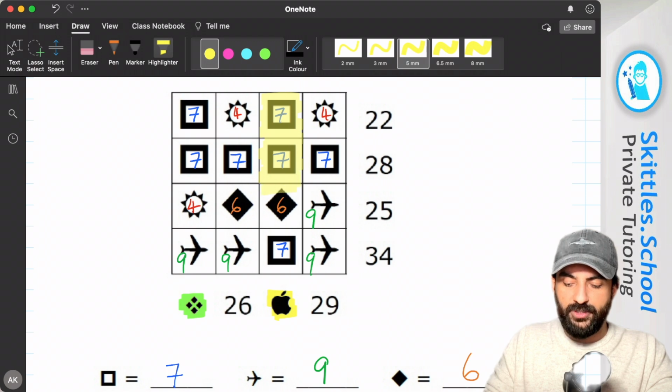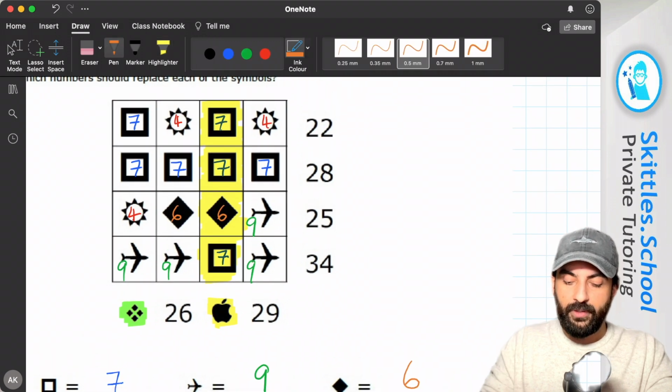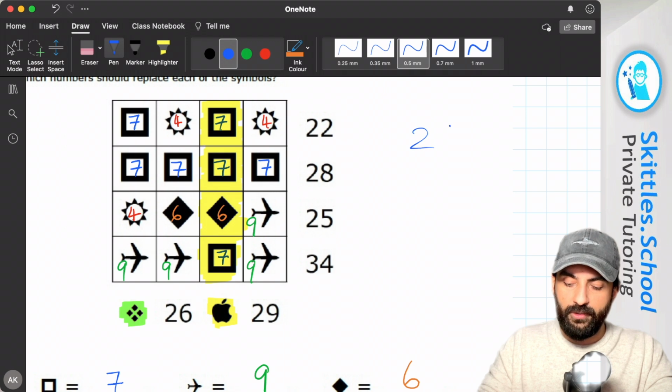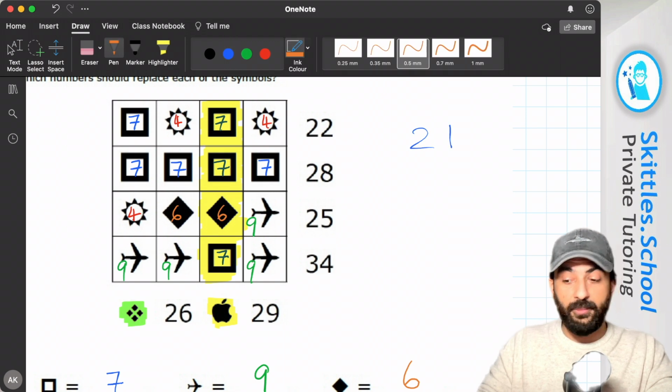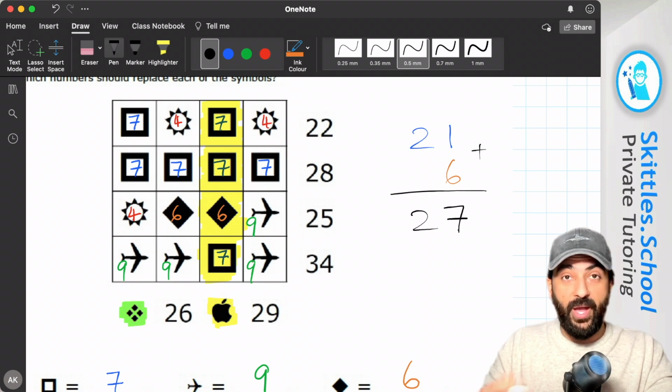So it's a square plus a diamond plus another square. So it's 3 squares and a diamond. A square is 7, so 3 squares is 21. The diamond is 6. 21 plus 6 is 27. So our Apple logo must equal 27.